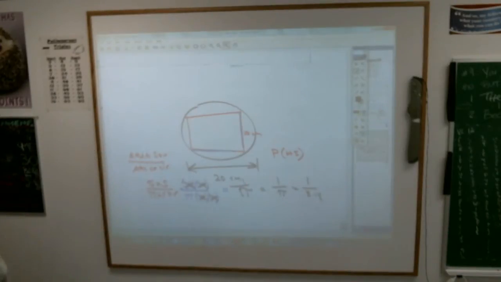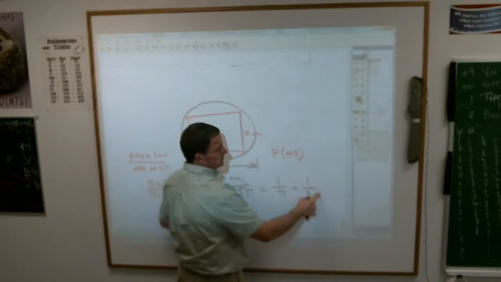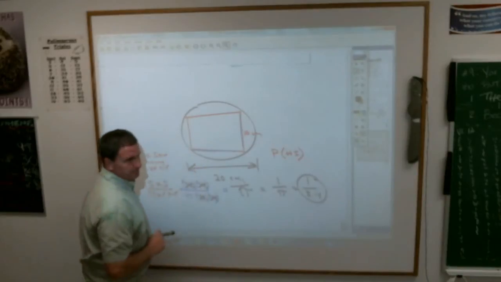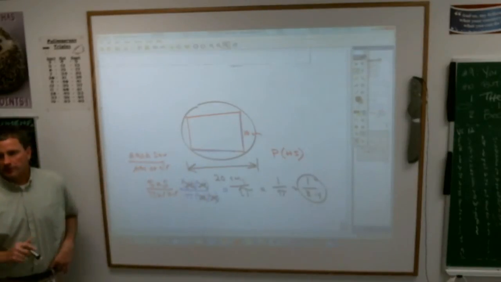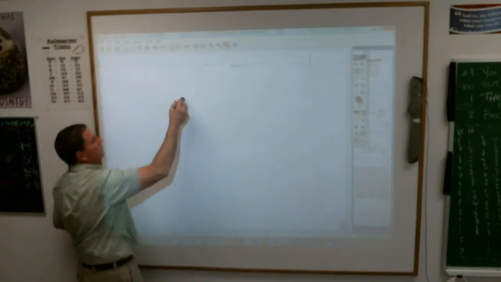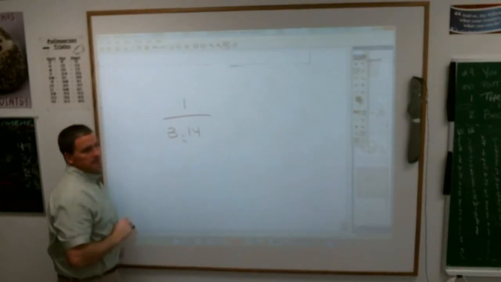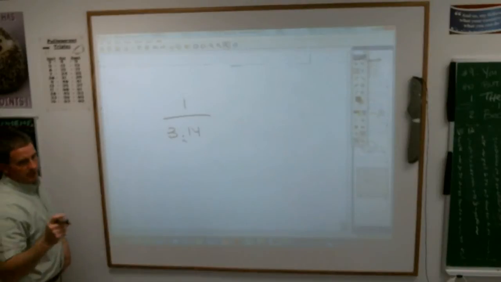Because we don't put decimals in there, how could I change it so that it doesn't have a decimal in it? Does anybody know? If you have 1 over 3.14 with a decimal, and I don't want this decimal here, how would I have to change it? Grace?